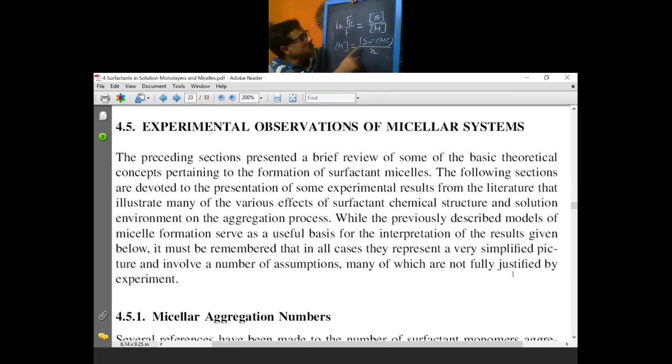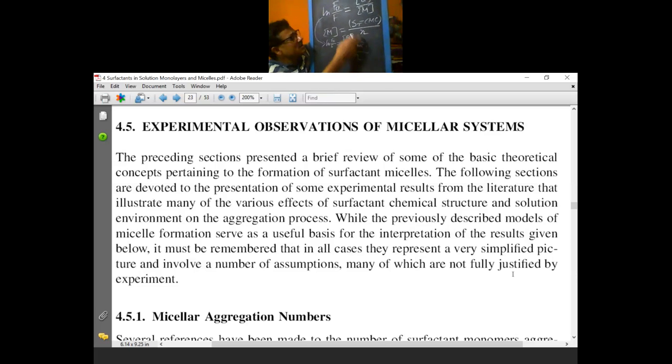Micellar concentration is equal to the total surfactant concentration minus CMC by N. Now if you just put the value over here, what do you get? ln F0 by F is equal to quencher concentration by total surfactant concentration minus CMC by N.